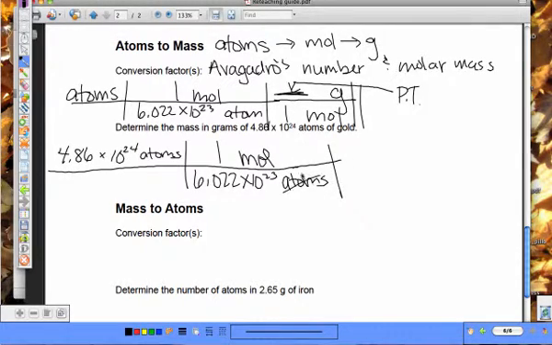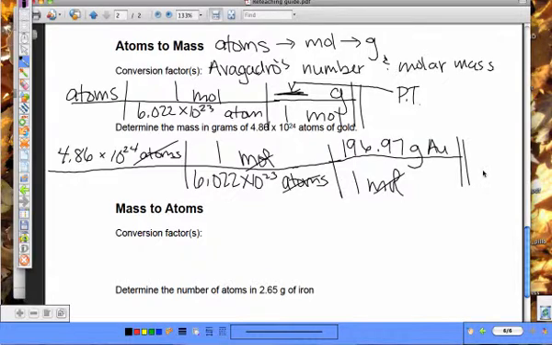Now atoms cancel out. 1 mole of gold has what mass? 196.97. So now our moles cancel out. We're left with grams, which is what they're asking for, mass in grams. So we're in the correct units.